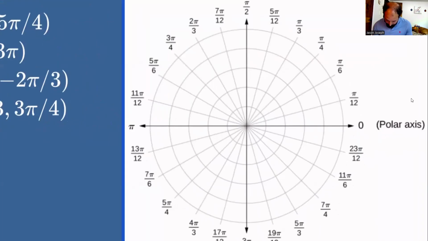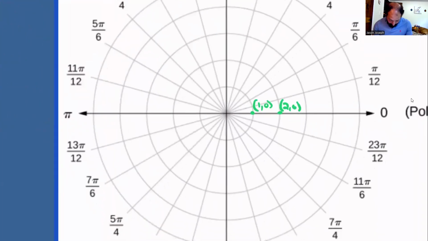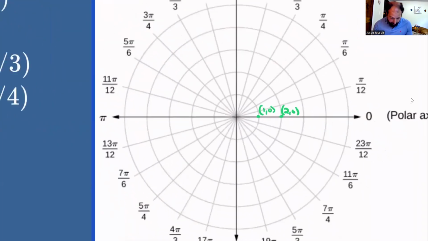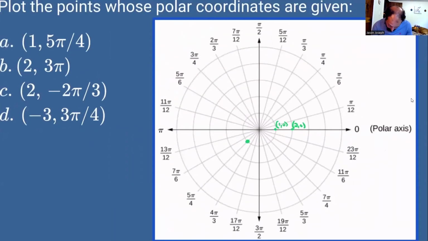I'm going to assume that this first circle has a radius of 1, so this is the point 1, 0, and then 2, 0, etc. So 5 pi over 4 and a radius of 1 would be right here. So that's our first point.